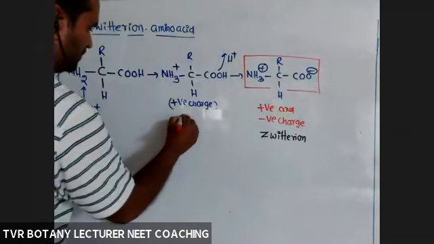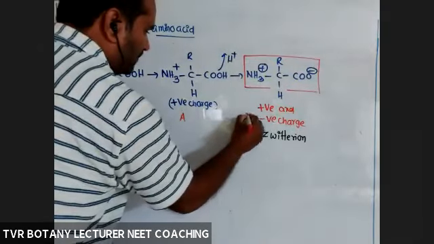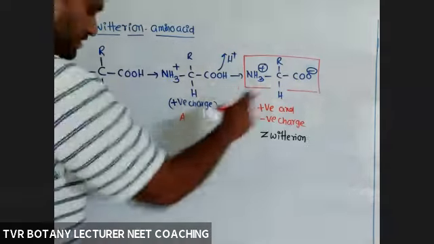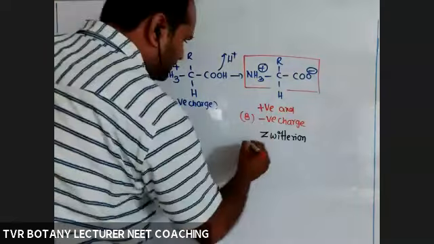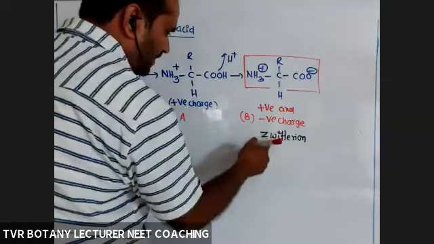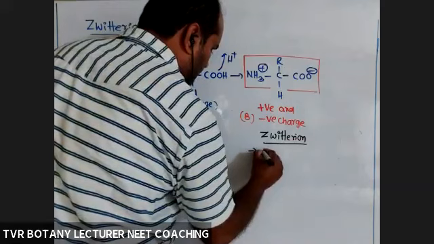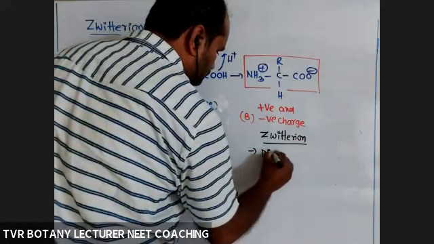In your textbook, A, B given, C also given. I'll come back to, but this one was not given. So this is the way to understand that zwitterion. What is zwitterion? Zwitterion means amino acid with positive and negative charge, dipolar or bipolar.